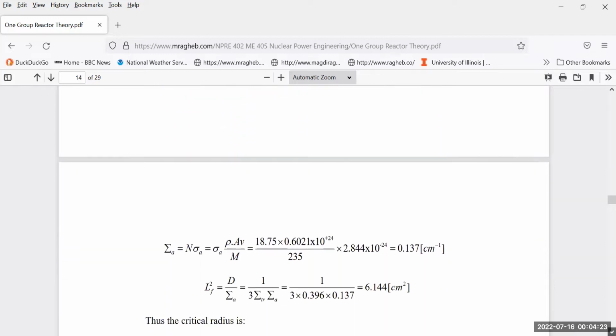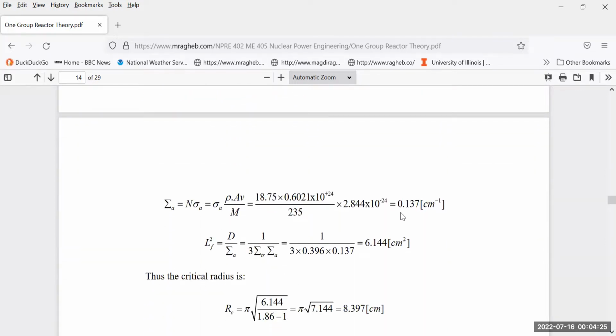We do the same thing for the absorption cross-section, and it comes out to be 0.137 centimeter minus 1, from which we can determine that the L squared, the fast diffusion area, is the diffusion coefficient divided into sigma sub A. We calculated sigma sub A here as 0.137. We calculated sigma transport as 0.396.